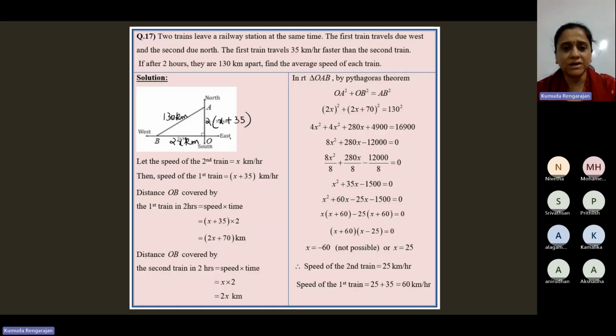I think I've made a mistake in marking here, no? First train towards west, but I've taken that as the, let the speed of the first train be marked. Oh, there's a mistake with the diagram here, children. So I'll do it here. Diagram alone, take it from the figure I'm going to draw here.